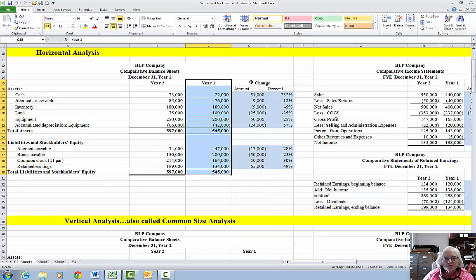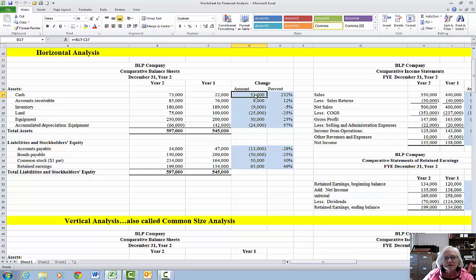You want to compute the amount of change and the percent of change. The amount is simply the difference, year 2 minus year 1.